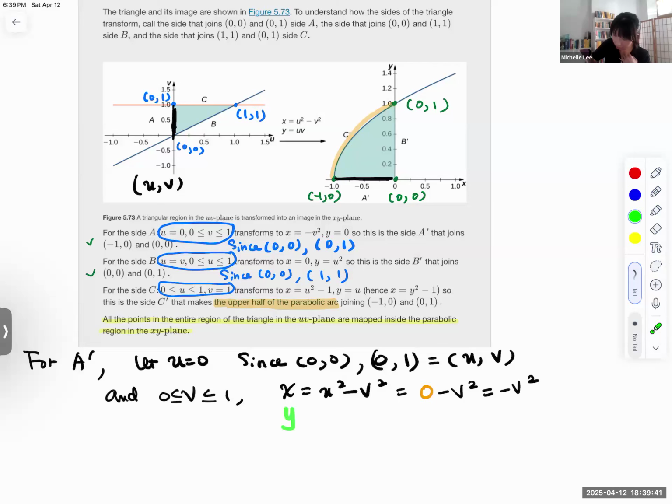So y equal to uv. Then we set up u equal to 0, and v is there, right? Which is 0. That's how we got here. Okay, now take a look.